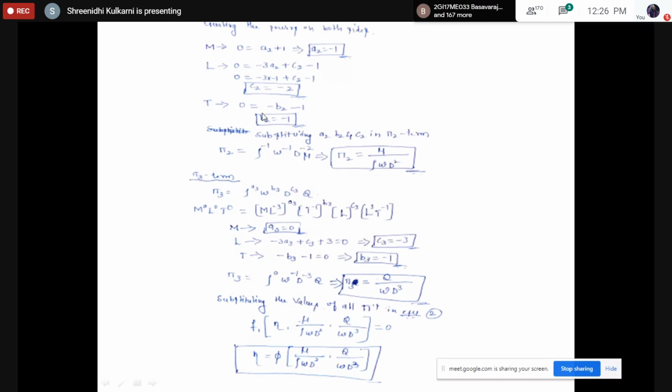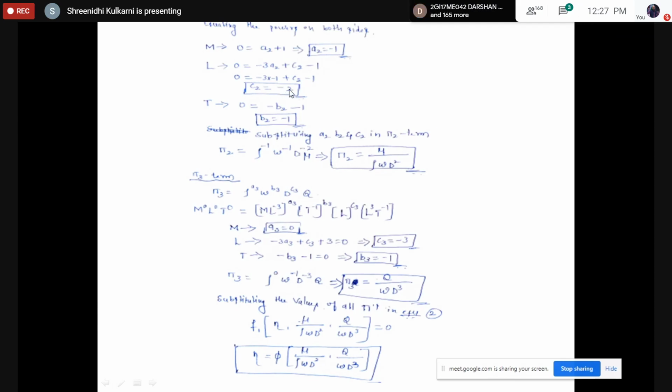Further, whatever we got for a2, c2, and b2, we have to substitute in the pi2 term. So what is pi2? Pi2 is equal to mu to the power of a2. What is a2 here? a2 is -1, and omega to the power of b2. What is b2? b2 is -1, and d to the power of c2.